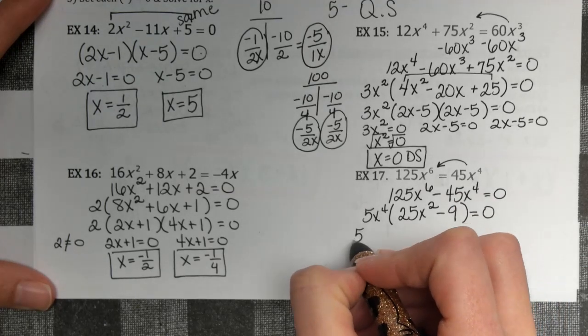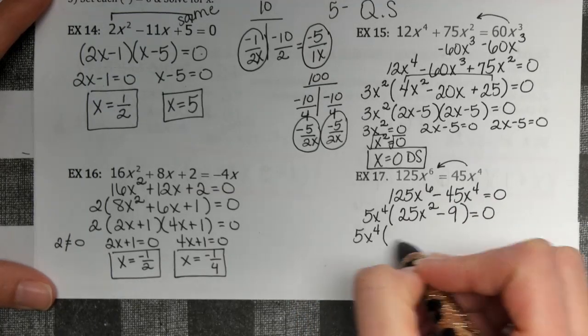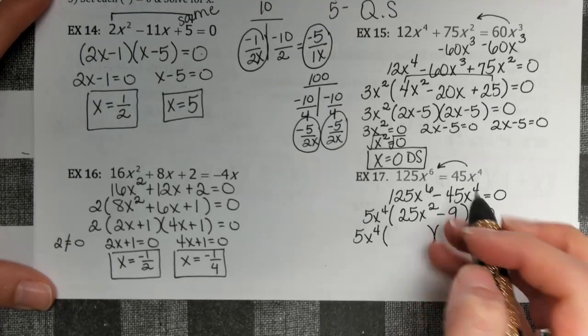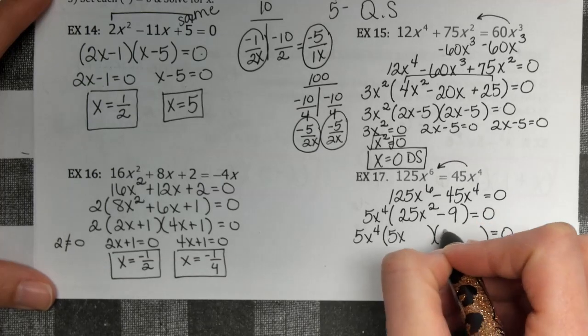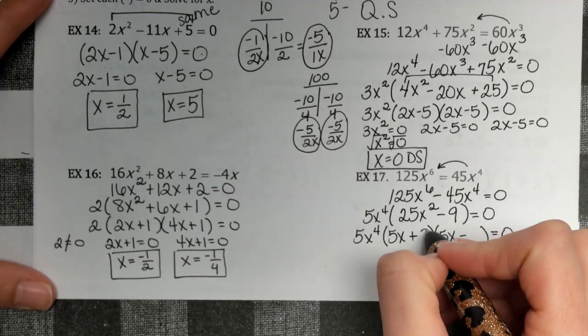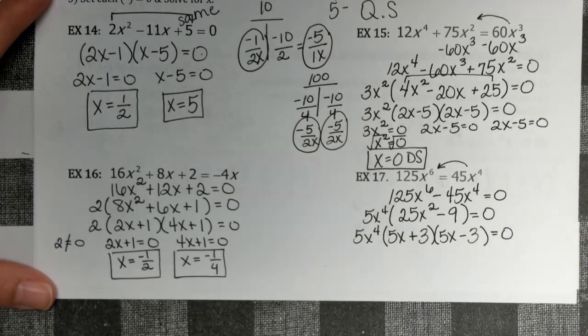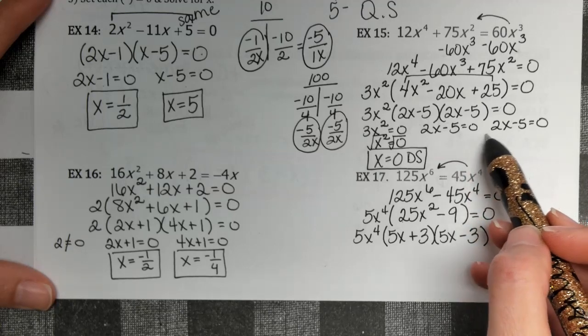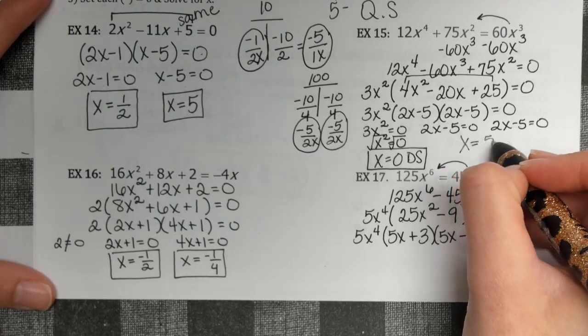Okay, so I'm going to drop down my 5x to the 4th. That factors. I take the square root of 25x squared, and that gives me 5x. One's going to be plus, one's going to be minus. Square root of 9 is 3. Oh, I never even finished this one. This was x equals 5/2.